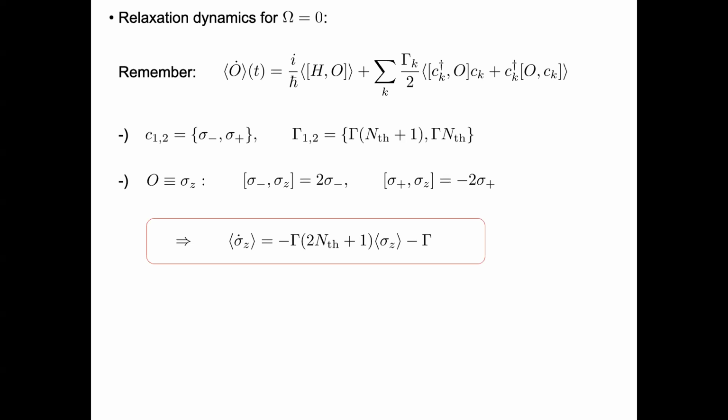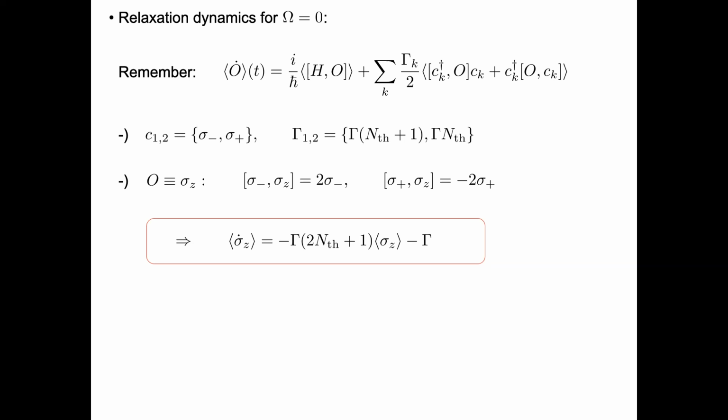Then I have a sigma plus, because I take a dagger, then the sigma z operator, and then I multiply it by sigma minus. This gives me something proportional to minus 2 sigma plus sigma minus, the excited state projector.